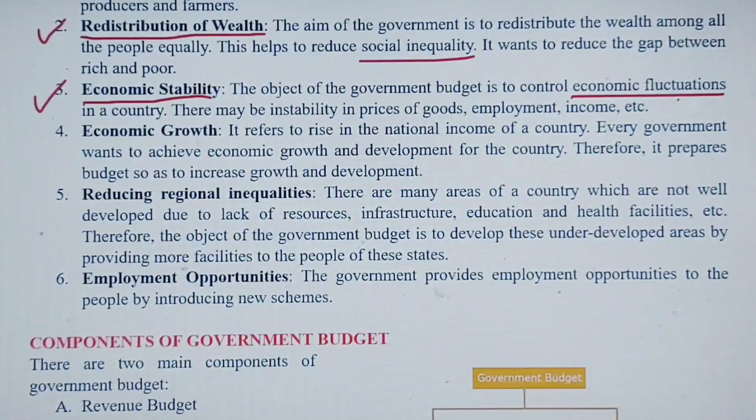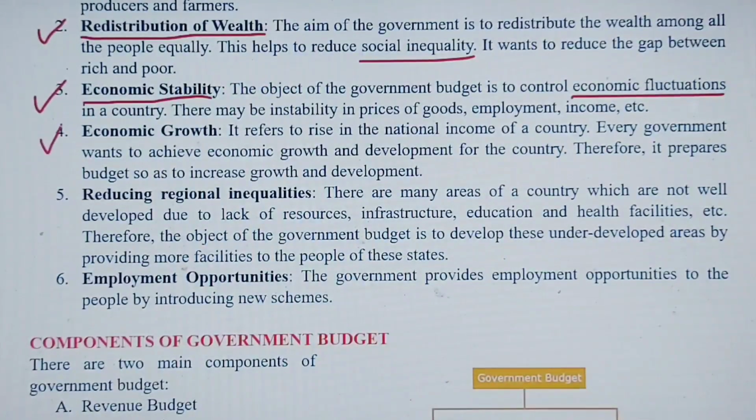There may be fluctuations in the price level, like inflation and deflation. There may be fluctuations in the bank rates, loan rates. There may be fluctuations in the balance of payment. So all these things need to be stabilized, and to stabilize all these economic components, a government prepares a budget so that the economic system of the country will be stable.